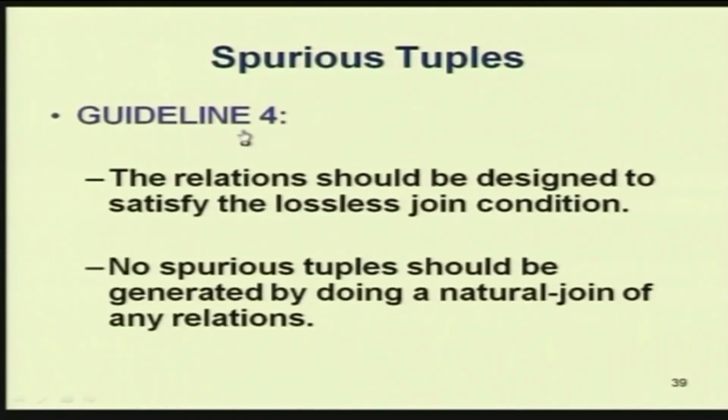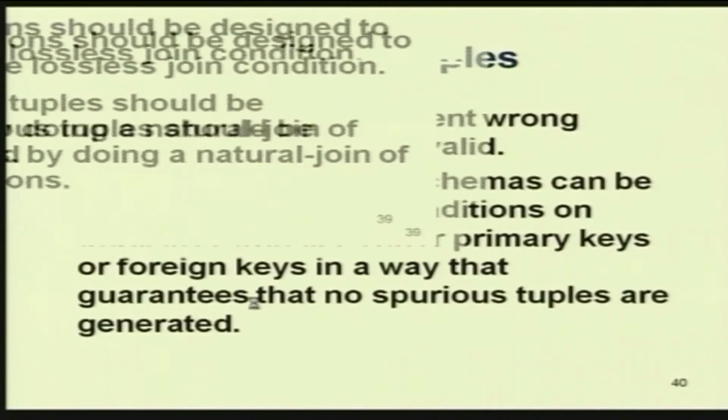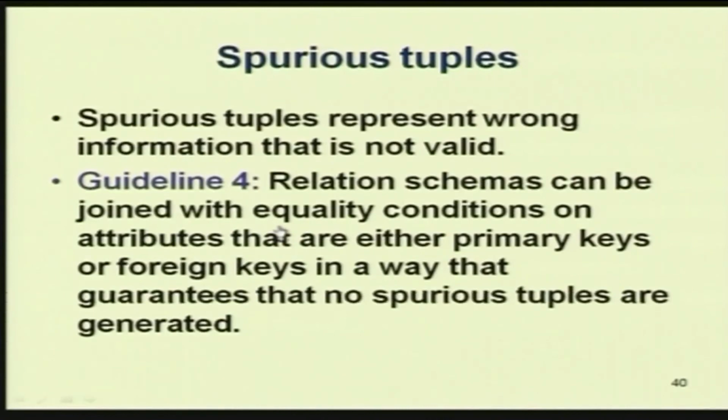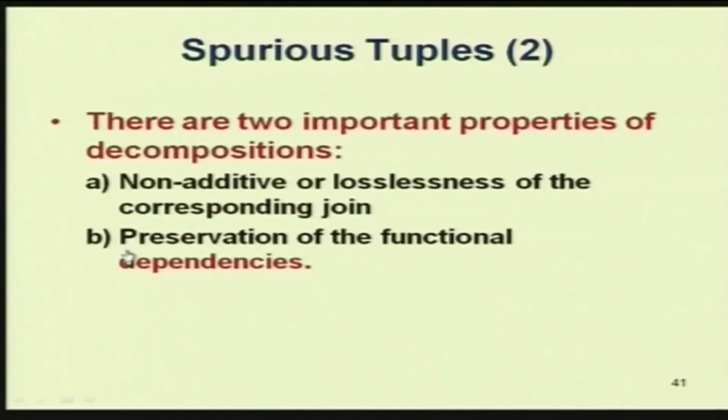So, guideline 4 says the relation should be designed to satisfy the lossless join condition, and no spurious tuple should be generated by doing natural join on any of the relations. Relation schemas can be joined with equality conditions on attributes that are either primary keys or foreign keys in a way such that no spurious tuples are generated.